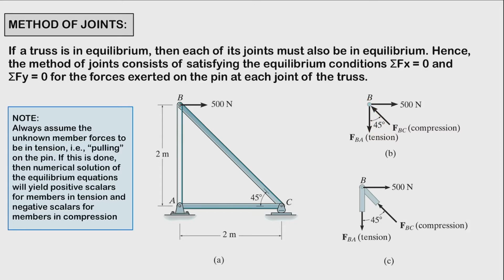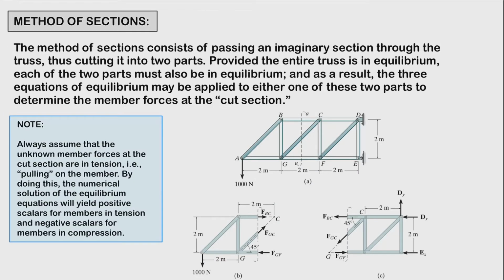Alright, so the next method that we typically use is the method of sections. In the method of sections, we're assuming that since the truss is in equilibrium, all its members must also be in equilibrium, and all the sections must also be in equilibrium.